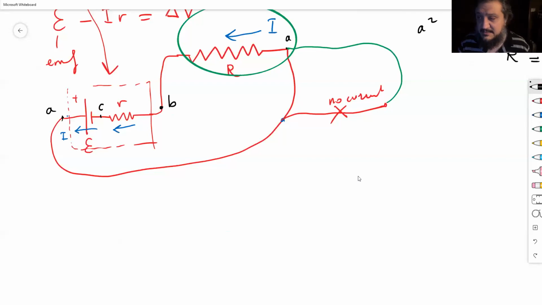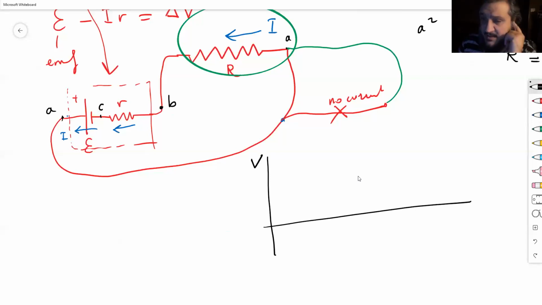So let's plot the voltage now and see how it changes. It's a 12-volt battery, so I need to go from 0 to 12 volts, let's say. Delta V is a difference. If you pick one side as 0, the other becomes 12. If you pick one as -6, the other becomes +6, because the difference is 12. So the voltage is going to go from 0 to 12 volts.